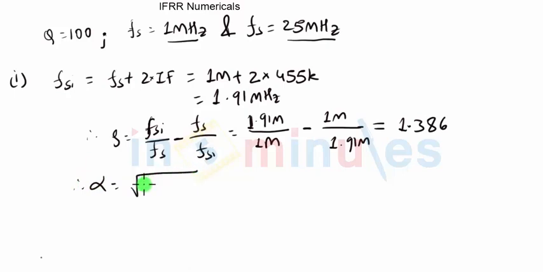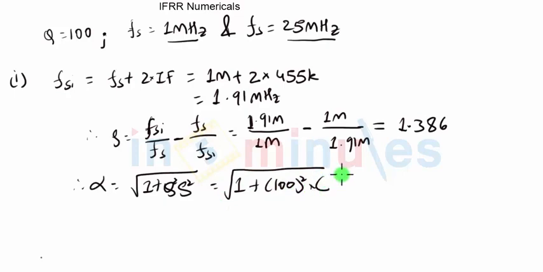Alpha is equal to square root of 1 plus Q squared rho squared. So it will be square root of 1 plus, Q is 100 and rho is 1.386. 100 squared is a large value, so I can neglect the 1, and in that case the square root and square will cancel out. So 1.386 into 100 will give you 138.6. That's the value of alpha.